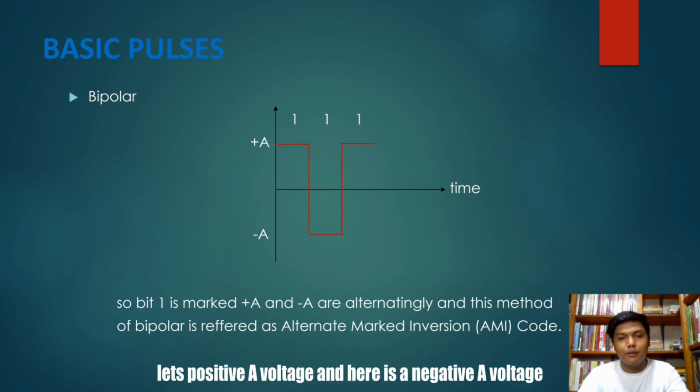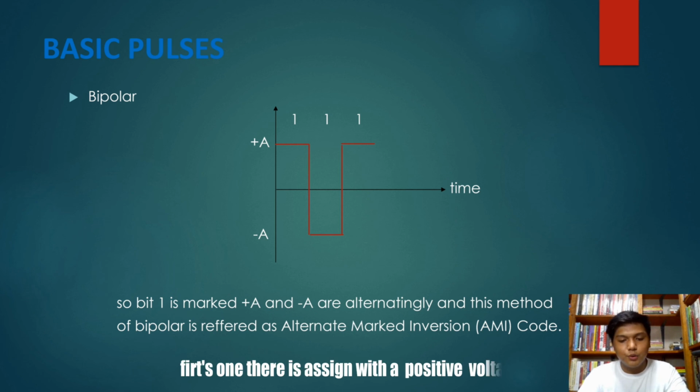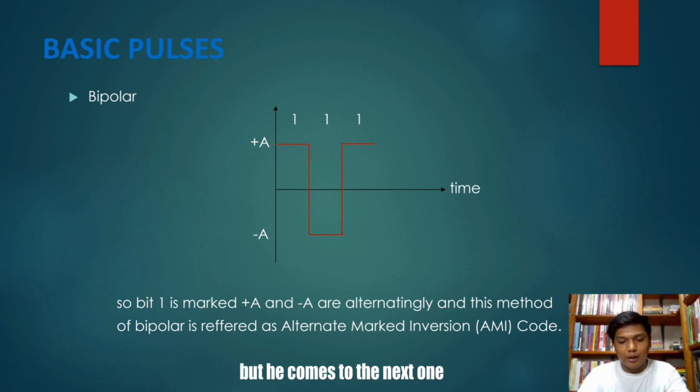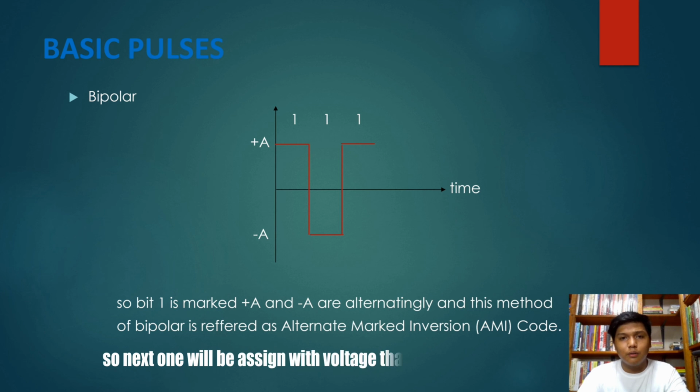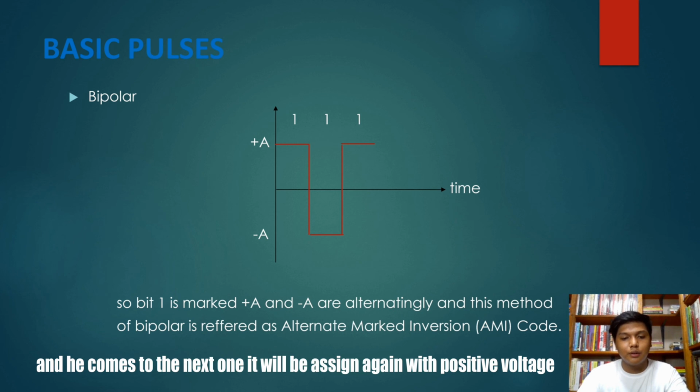Let this be positive A voltage, and here negative A voltage, when we send a signal using bipolar. The first 1 is assigned a positive voltage, but the next one will alternate, so it will be assigned negative A voltage. And the next one will again be assigned a positive voltage.